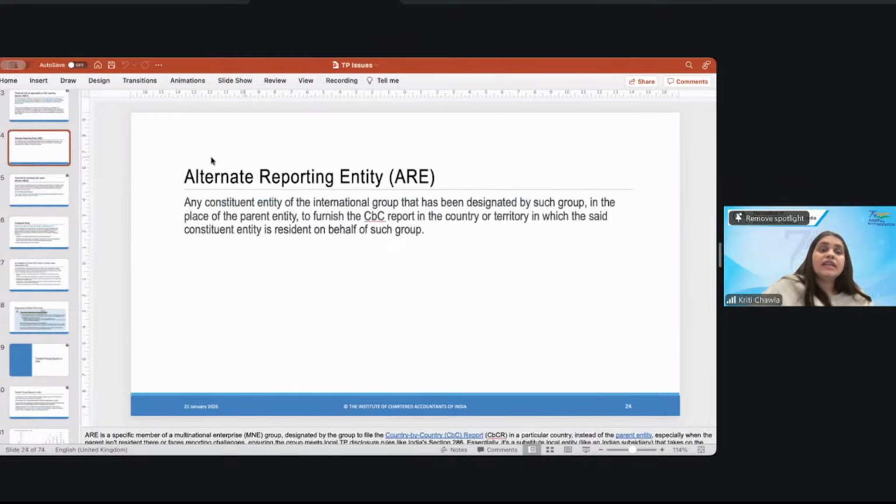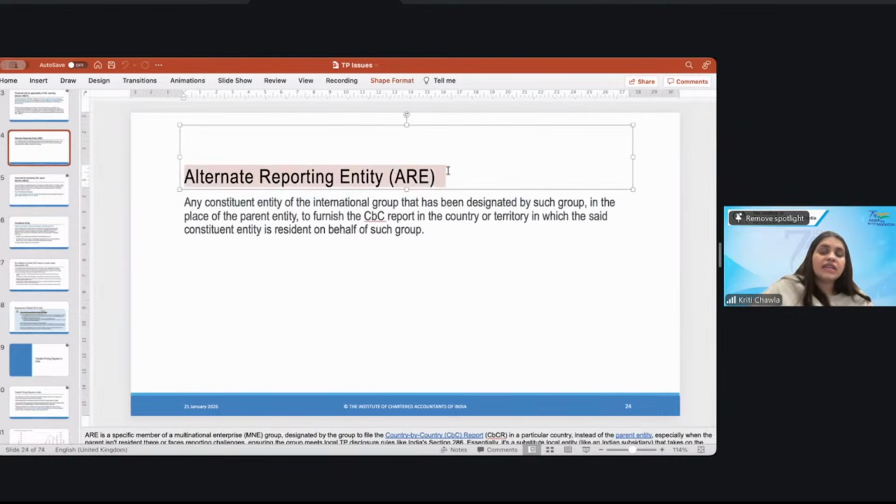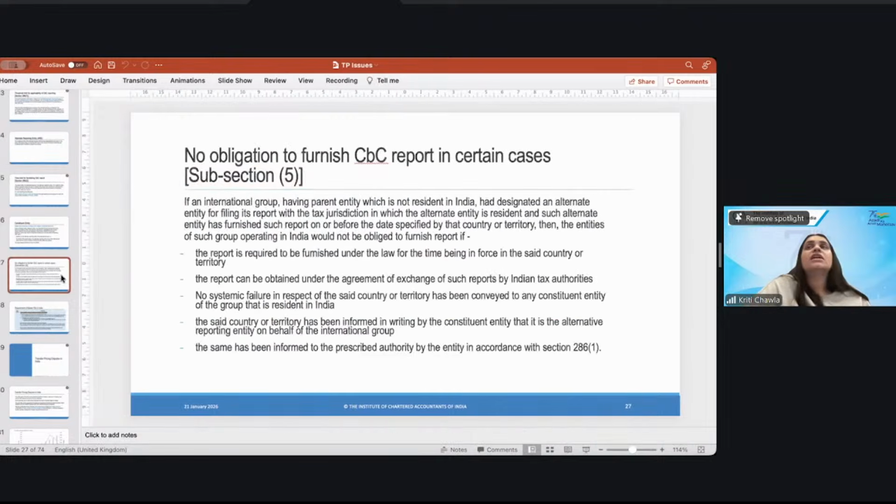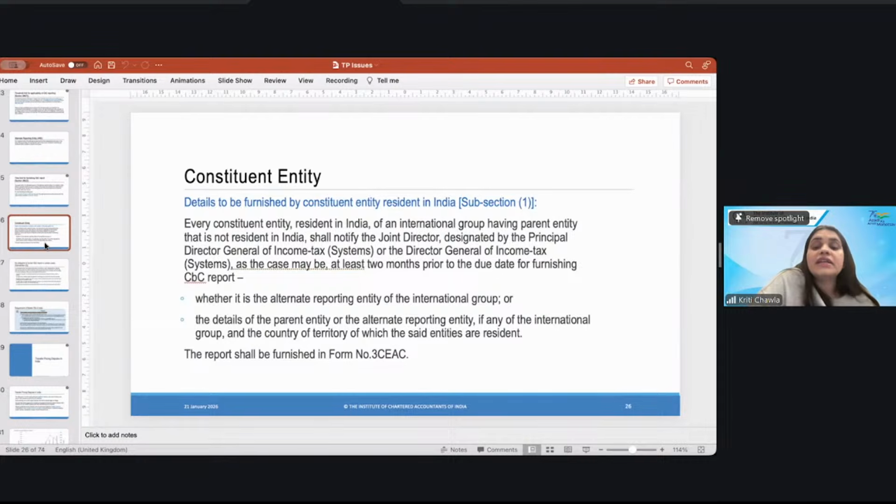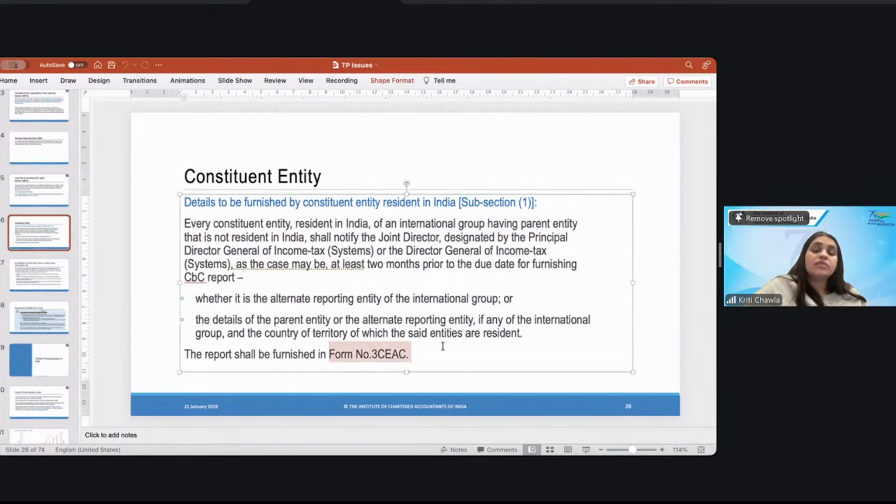So if the Indian entity is becoming the alternate reporting entity, 2 months before filing the CbCR, they will have to intimate the tax authorities that they are the alternate reporting entity out there, and they will have to do that in form 3CEAC.